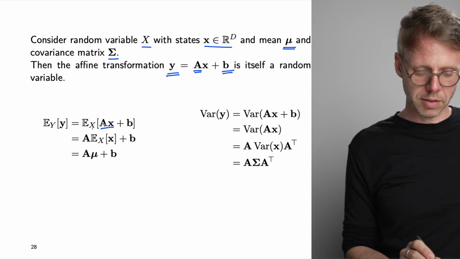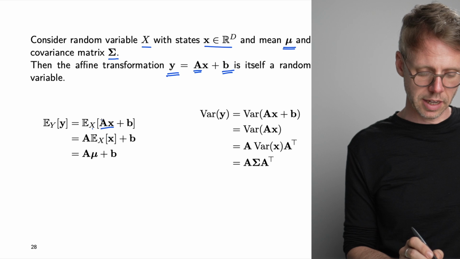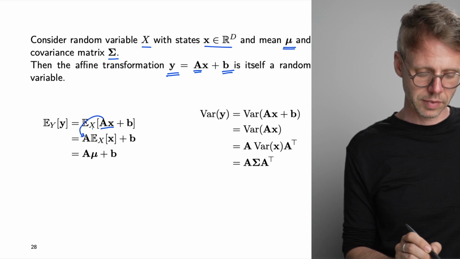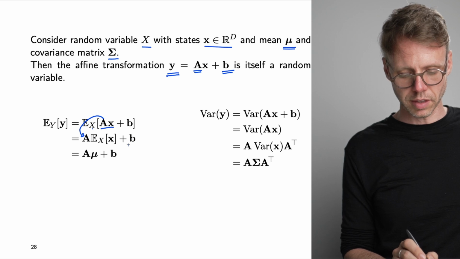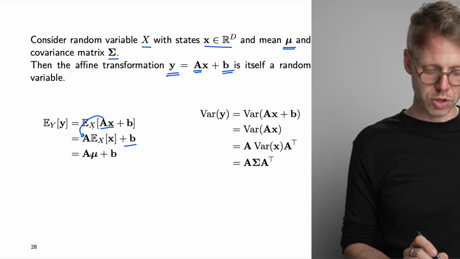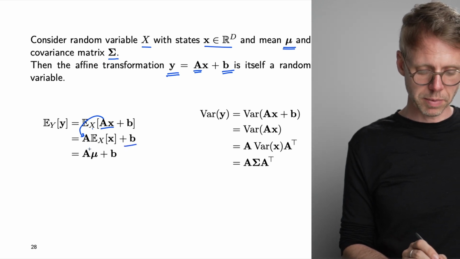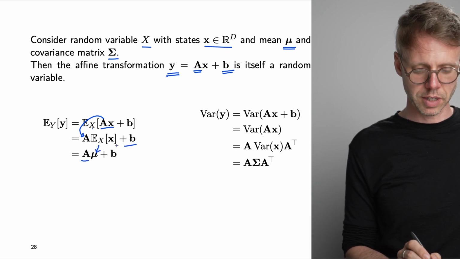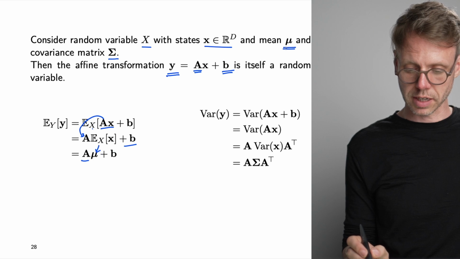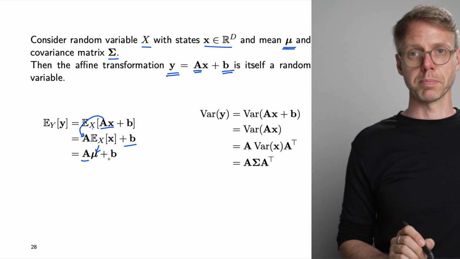Using linearity, we can pull out A here. And as b is constant, the expectation goes away, which means that we get A times the expected value of x, which is, as we said, equal to A mu plus b.